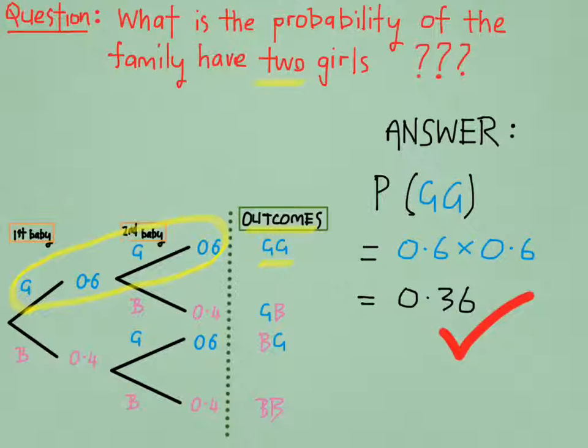That's the 2 0.6s from along that probability tree, the first baby and the second baby. Because we want 2 girls together, we multiply those 2 probabilities, and we end up getting an answer of 0.36. So that is the probability of the family having 2 girls.